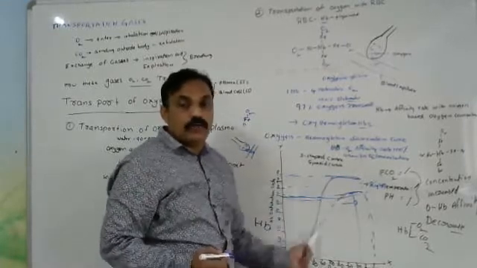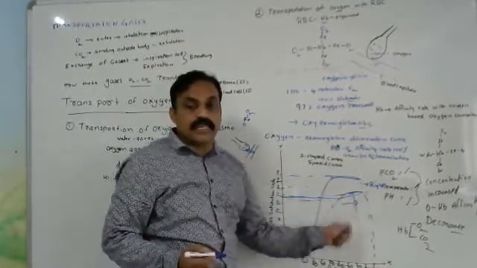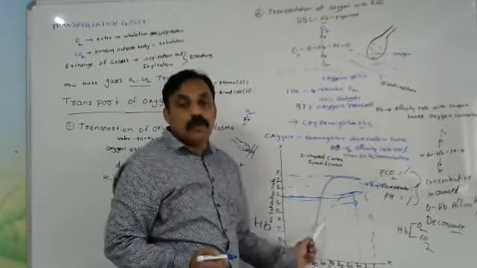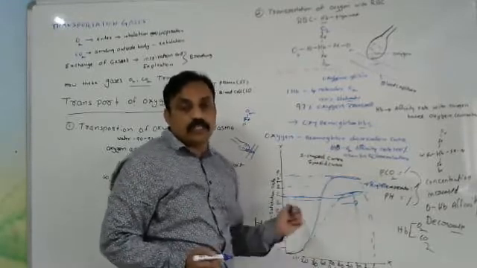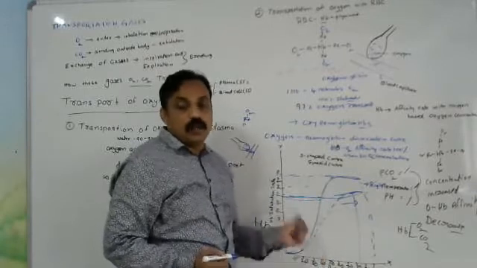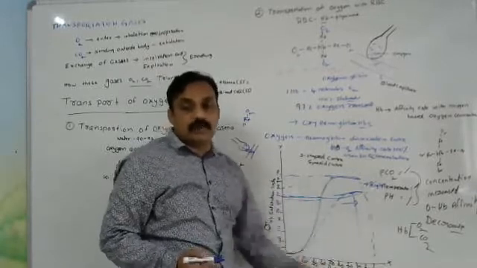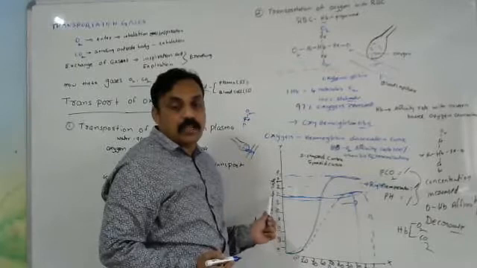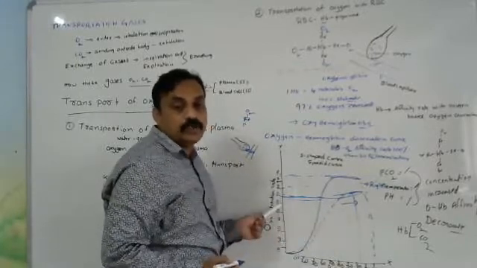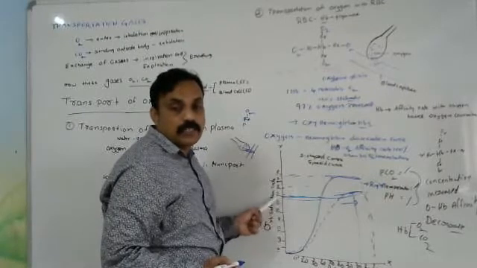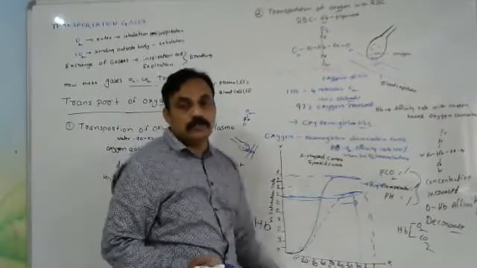The curve is moving toward the right side, downward. Why? Because first situation, when both concentrations are equal, the saturation rate is 100%. But when the oxygen levels are decreased, automatically the saturation rate is also decreased. Here the number is decreased now.